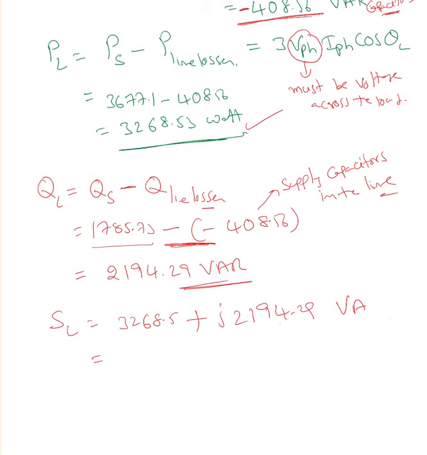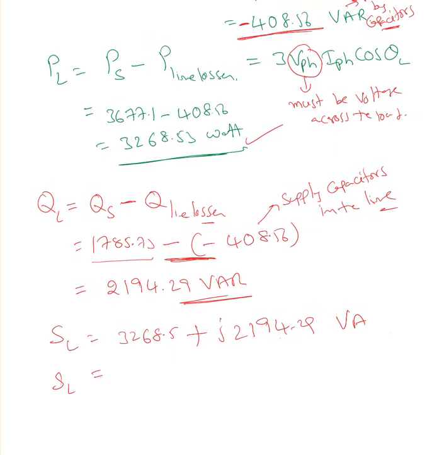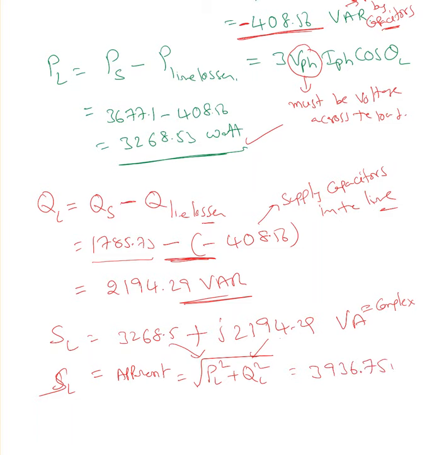That's volt ampere; this is the complex power. The apparent power equals the square root of PL square plus QL square. That's P, that's Q. I have 3936.75 volt ampere. That's the apparent power.